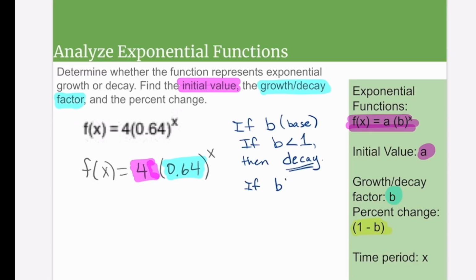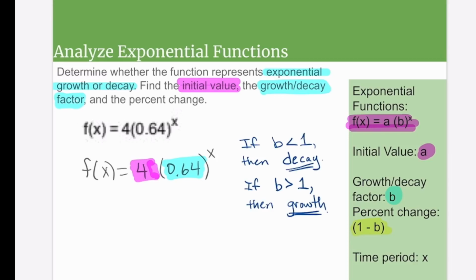If your growth factor that you multiply by is bigger than 1, let's say 3, and it's tripling, then that's when we say this is exponential growth. So once you find your growth decay factor, that is pretty much directly linked to whether it's exponential growth or decay. This growth or decay actually also can be converted into a percentage.